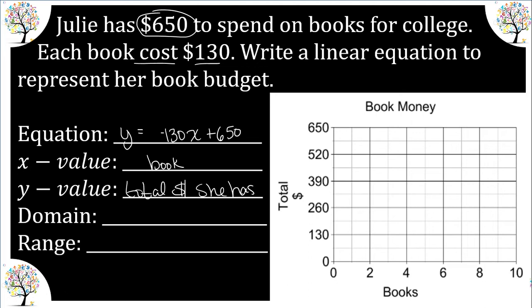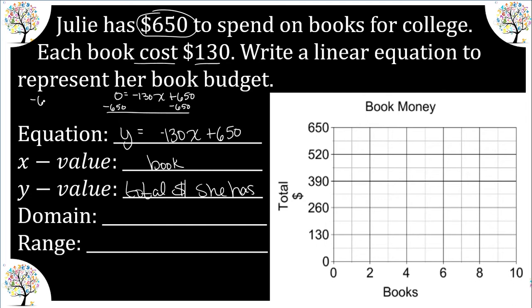So let's go ahead and see how many books she can buy. The most amount of books that she can buy is when y is 0. So we're going to plug in 0 for y because y is total money she has. So when she has 0 money, we'll be able to see what x is, how many books she can buy. So we're going to isolate x and subtract out the 650.